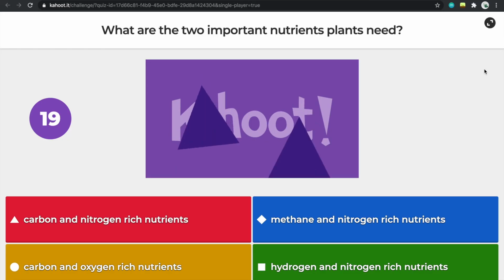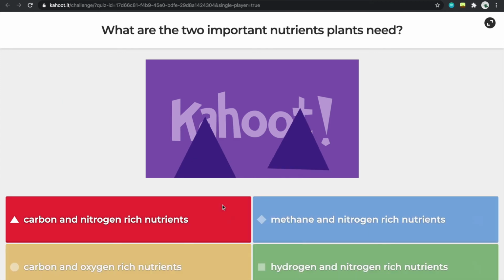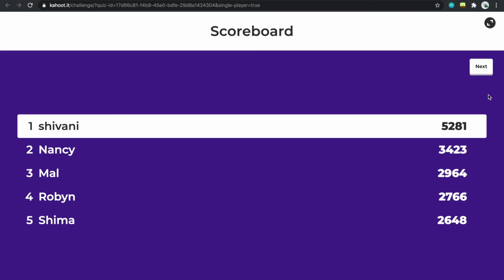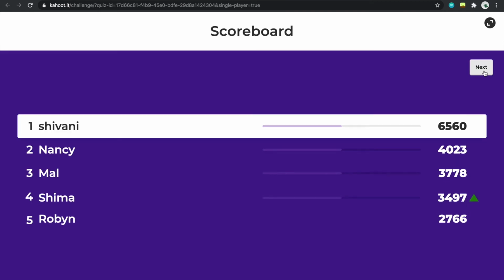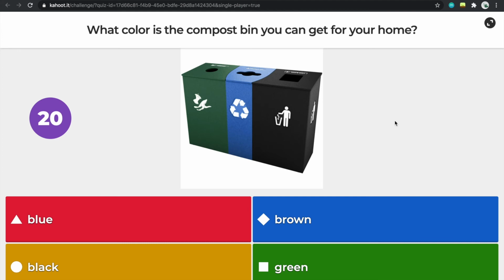Carbon and nitrogen, methane and nitrogen, carbon and oxygen, or hydrogen and nitrogen rich nutrients? The answer to this is carbon and nitrogen rich nutrients. What color is the compost bin you can get for your house? Blue, brown, black, or green? We know that the answer is green.